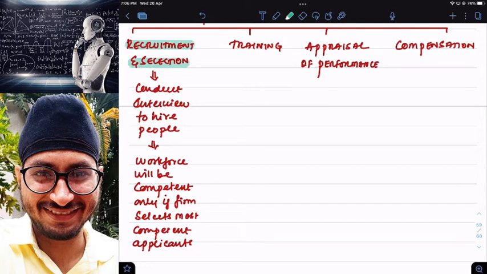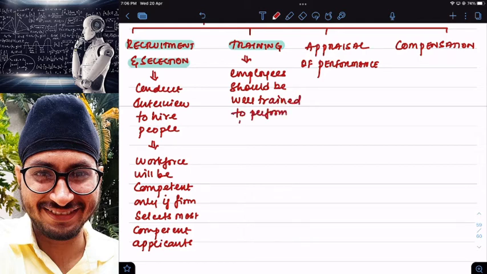And second one we have is training. Obviously, sir, employees should be well trained to perform their jobs properly.